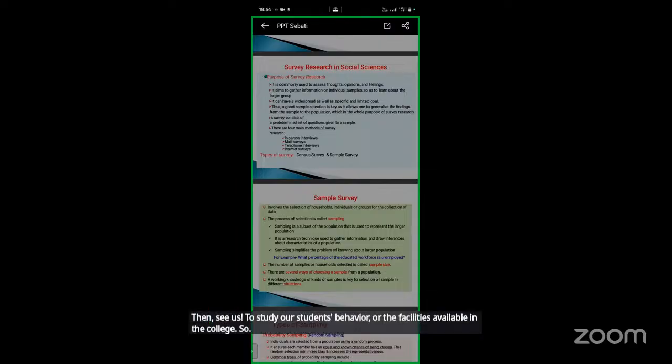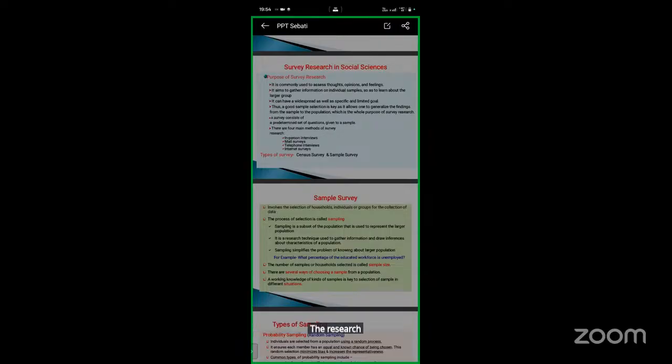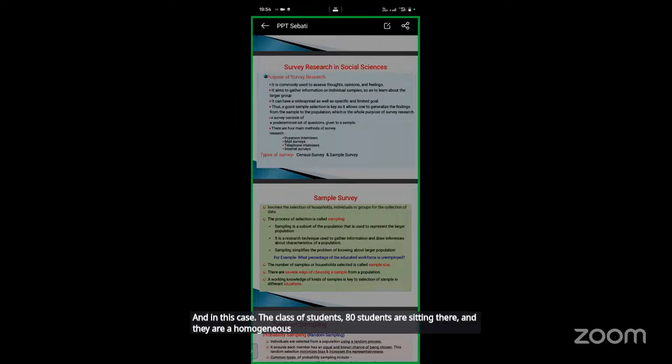So the researcher can select some of the students, and in this case, the class of 80 students are sitting there, and they are a homogeneous group because they belong to the same class. Whatever personal or family background they have, after all they belong to the same class. They are classmates to each other.